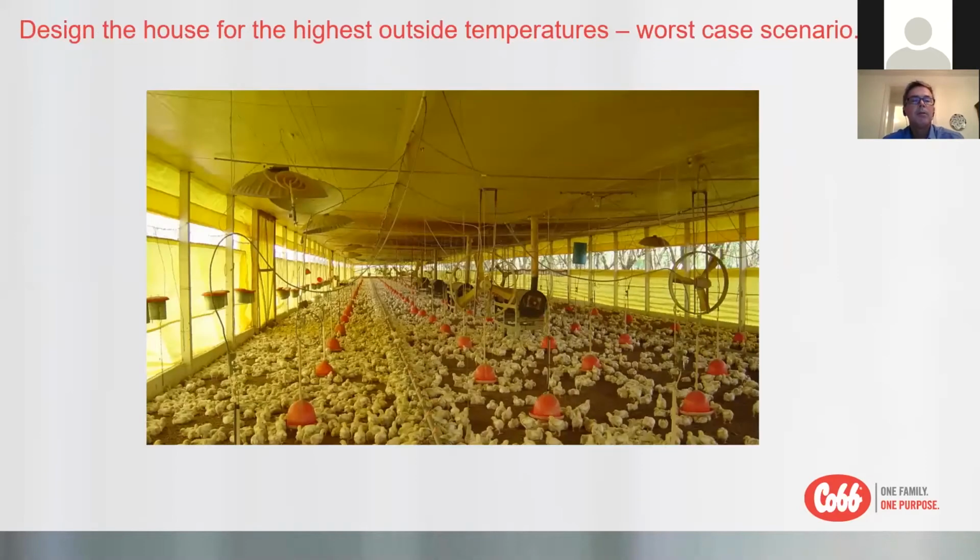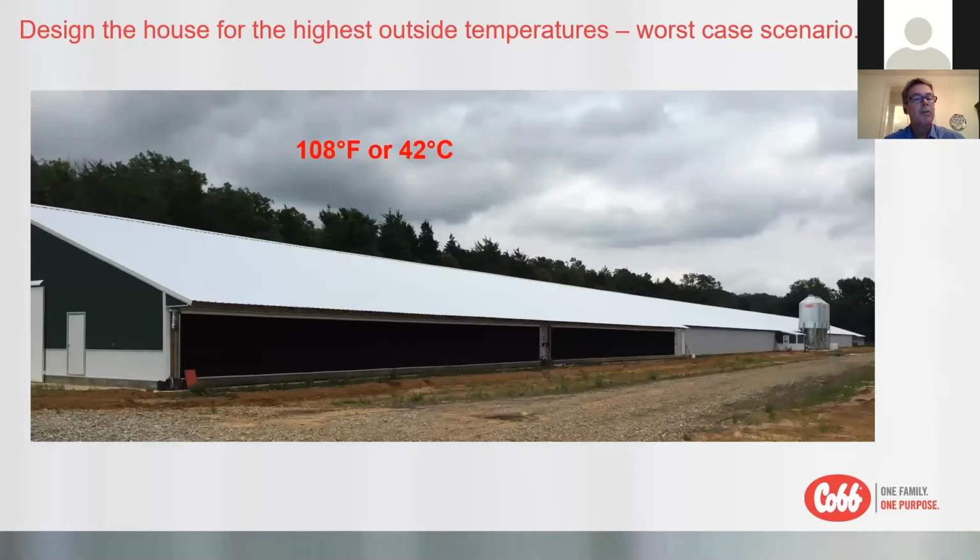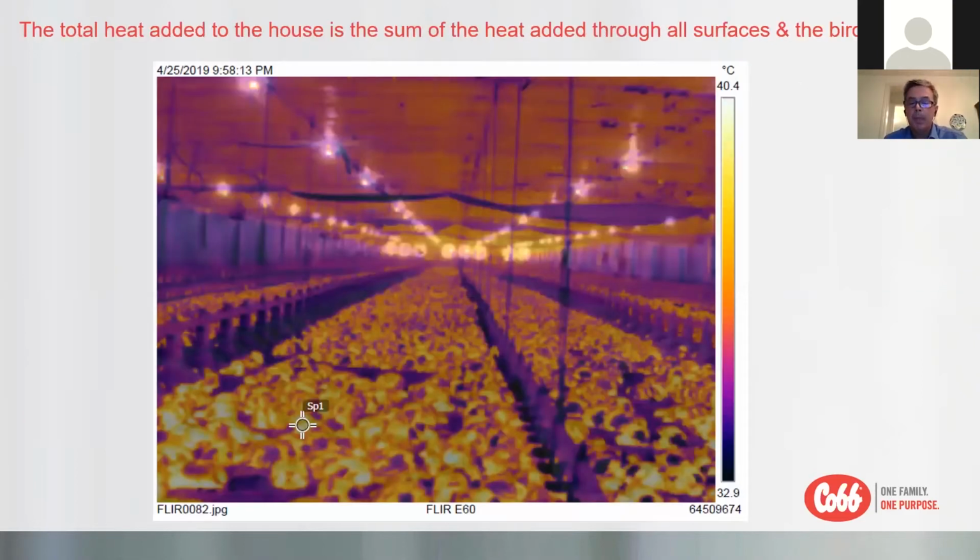It doesn't matter if you have a very simple house like this one in Brazil, or a very modern tunnel house, like this picture of a house in the United States. We have to design the house for the worst case scenarios. So we have to understand our local climate, and what we could expect on the hottest day of the year with the large broilers in the house.